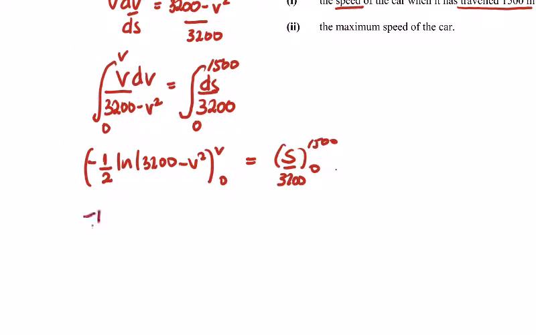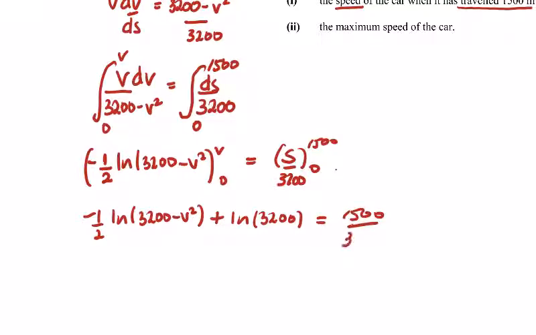So we're going to get minus a half by the natural log of 3200 minus v squared, putting v in, and then minus the natural log of 3200. This will be equal to 1500 over 3200. Cross off your zeros.